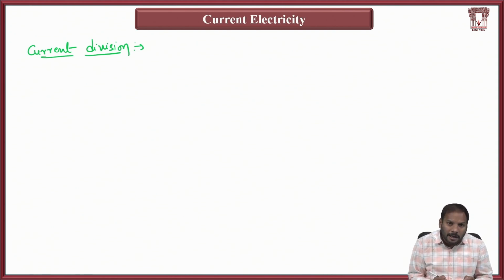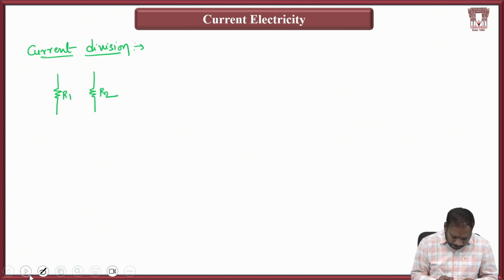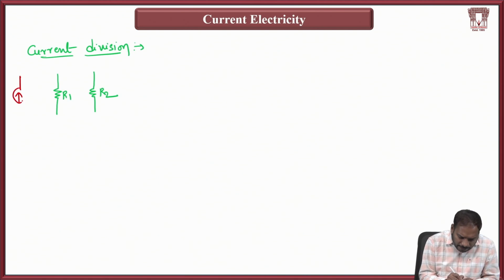Now current division will happen when there is a parallel connection of two resistors. That means the current division will happen something like this. Two resistors R1 and R2 are connected in parallel, and let us assume a net current of I amperes is flowing through the parallel combination of both R1 and R2.